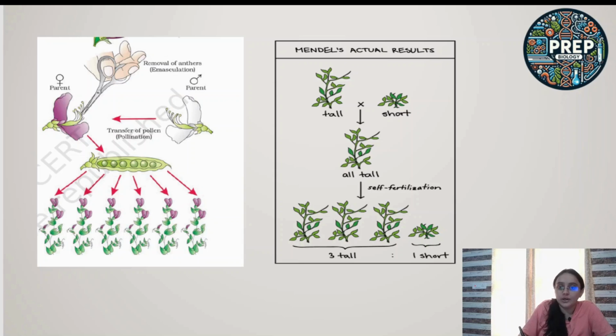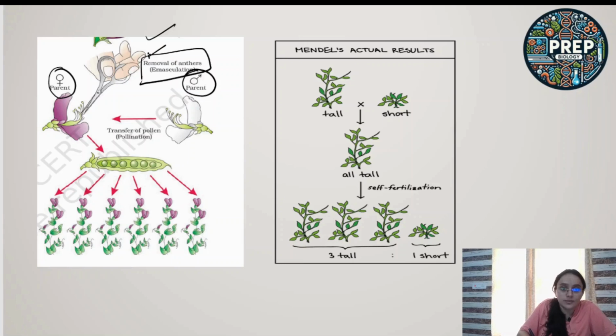When he cross-pollinated, this is the picture that shows how cross-pollination occurs. This is the female plant and this is the male flower. The female flower contains anthers also because it is a bisexual flower, so you remove the anthers.